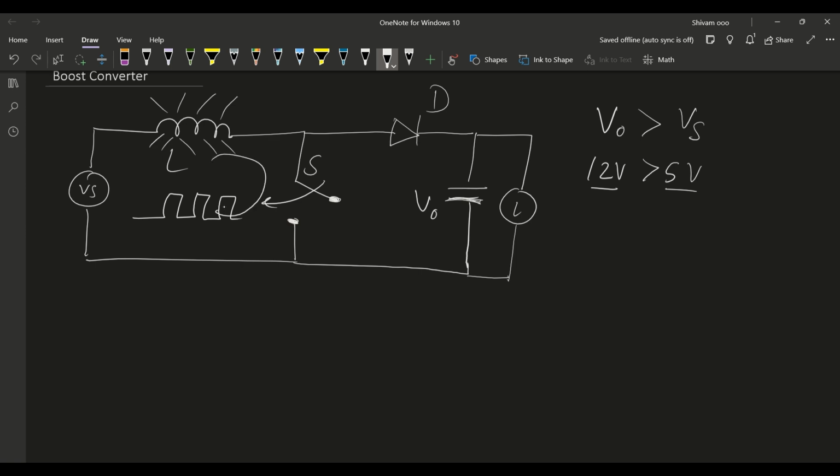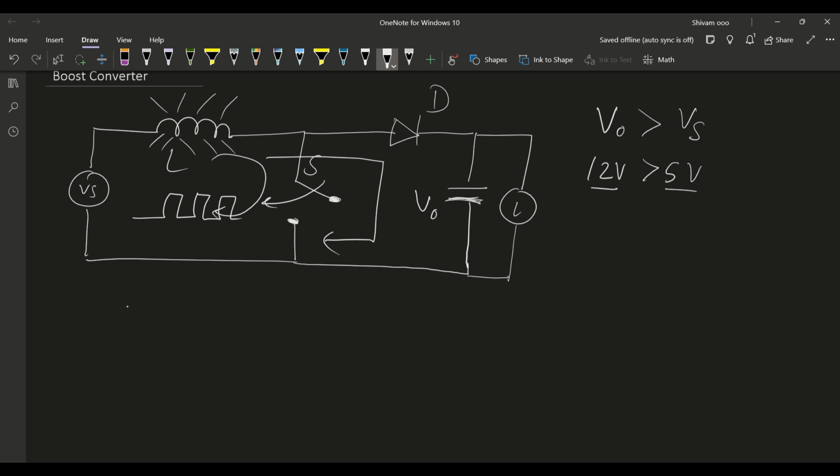Energy builds up in the inductor, and when the switch turns off, it is delivered to the capacitor. So that's how the capacitor is able to increase its voltage. This additional energy gets stored in the capacitor, which in turn increases its voltage.